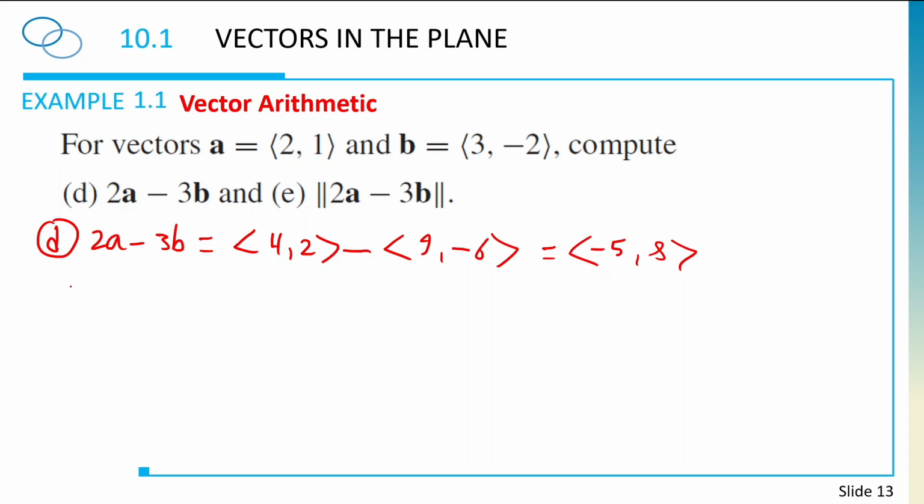Now part E. If you see part E, we need the magnitude of the vector in part D. So whatever we have from part D, we need to find its magnitude.